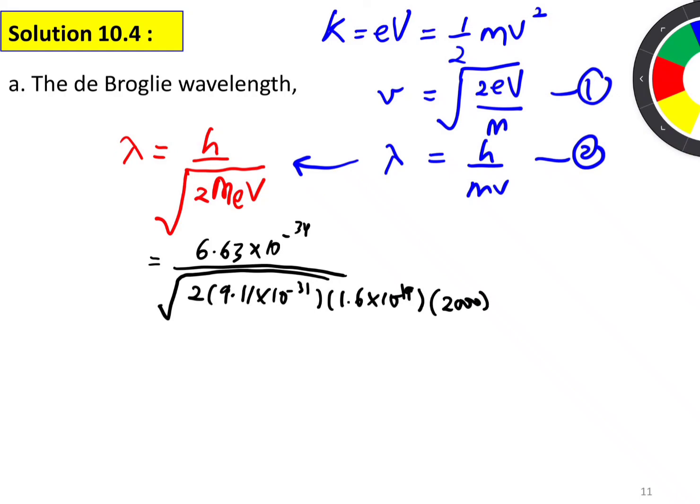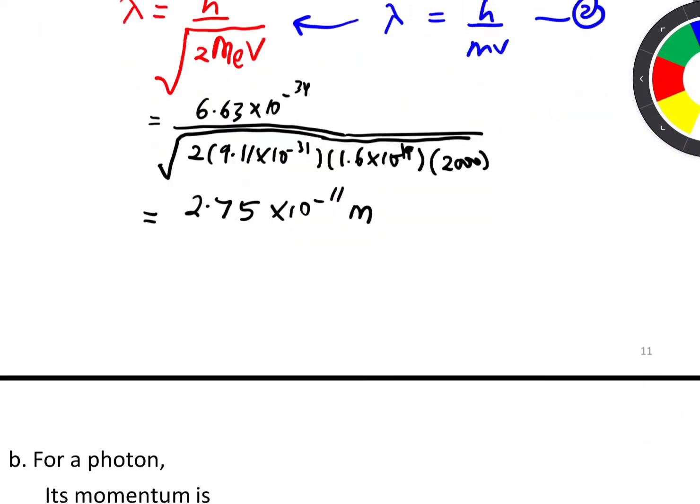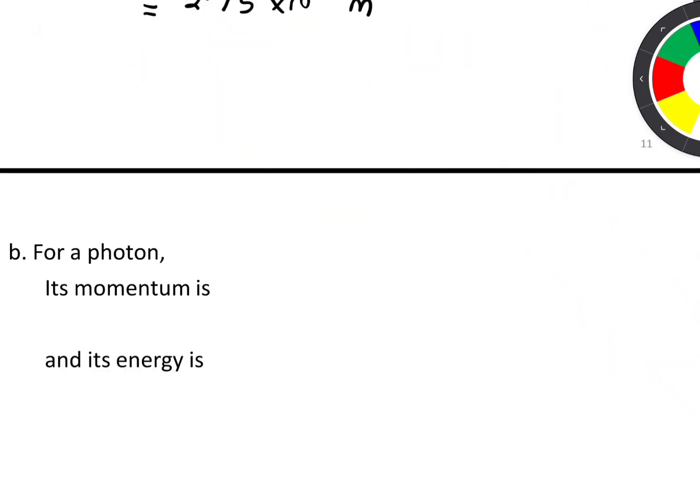Okay, punca kuasa. Okay, so you get the answer is 2.75 power of negative 11 meter. Okay? Okay, so look at the question B.